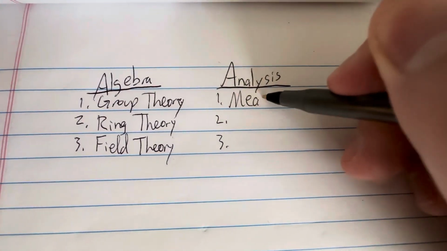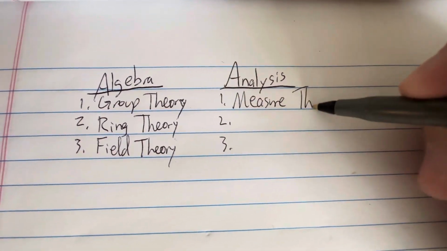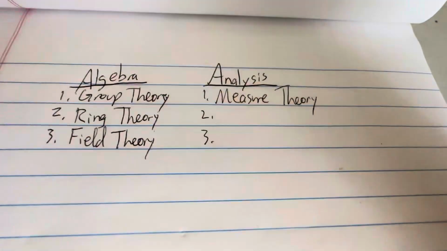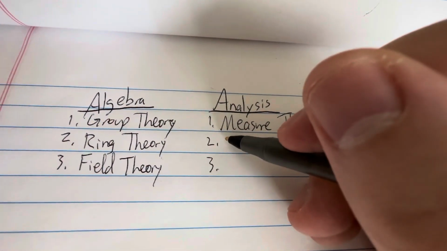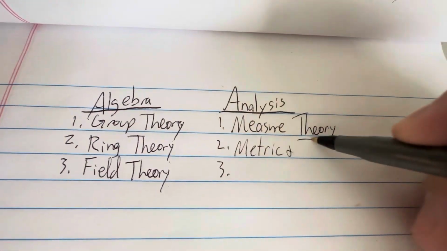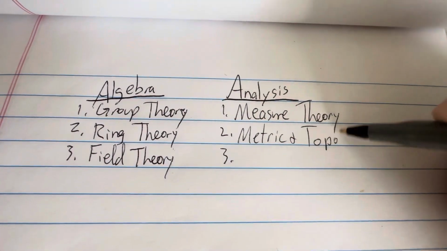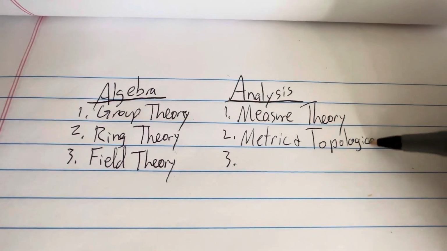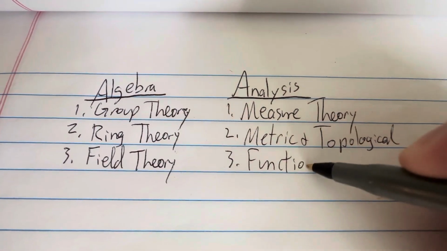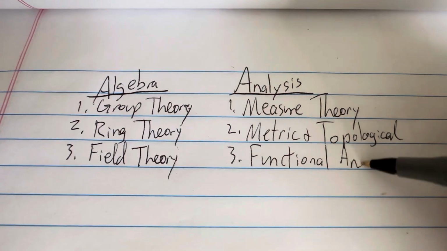But usually there's a semester dedicated to measure theory. Can't really get away from measure theory. And then on top of that, you'll have metric and topological spaces. And that sets the stage for the third thing, which is functional analysis.